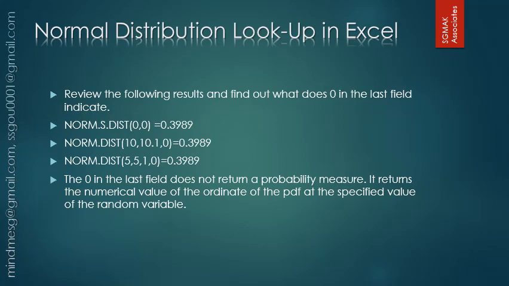So it is the value of y, the ordinate of the PDF at that value of x. We are looking at a value of x equal to the mean of the distribution, and all three distributions I've listed here have a standard deviation of 1.